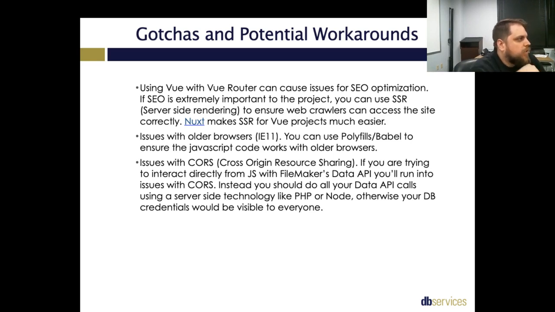If you tried to talk to the FileMaker Data API directly from JavaScript, it will not work because of cross-origin resource sharing. I've looked into whitelisting basically, and you could do it, but you have to get into the settings of your server and places you're not supposed to touch. So I don't.